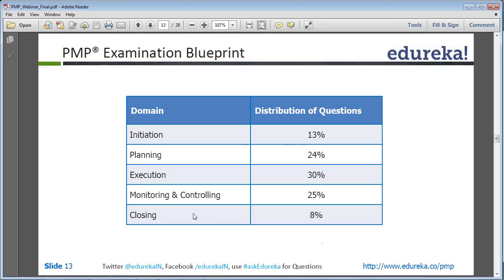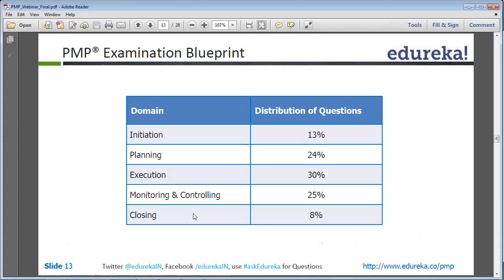Okay, somebody wants the closing domain. So closing domain, the activities are that it can be a phase or a project closure. The activities there are, one, as a project manager you have to make sure that you have got all the approvals and sign-offs from your customer. Number two, you have to sit with all the stakeholders and document the lessons learned.